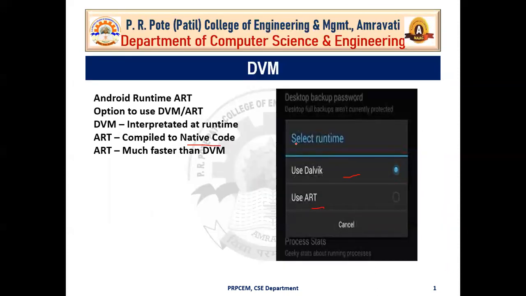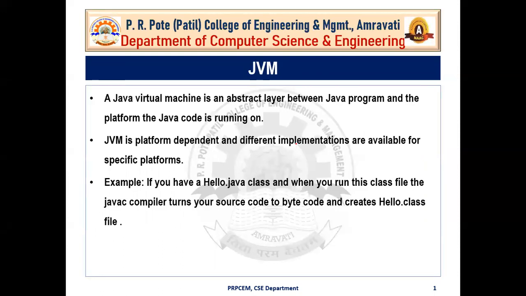Then Android runtime. Android runtime is a modification, or we can say an advancement of Dalvik virtual machine. Recently we are shifting towards the Android runtime because it is fast as compared to the Dalvik virtual machine. After that, we have seen what is Java virtual machine.